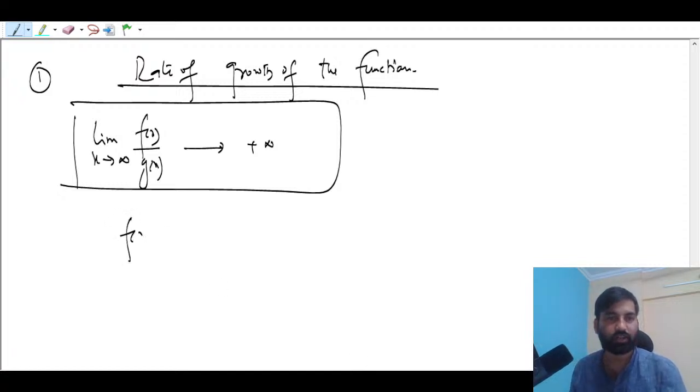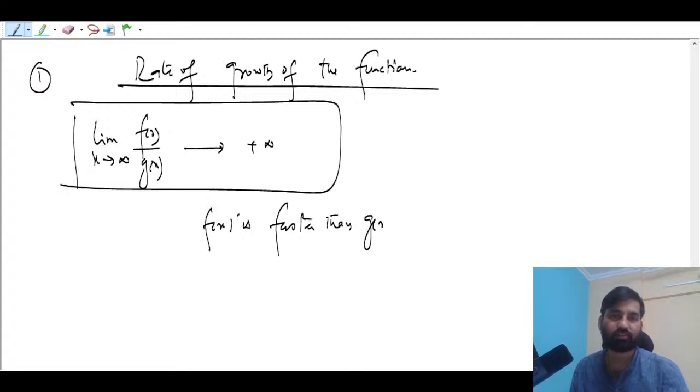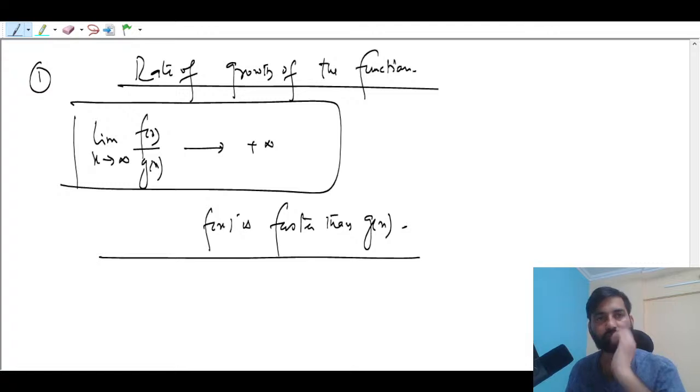So you can say that f(x) is greater than g(x). In this manner you can say that f(x) is faster than g(x). I hope this makes sense.